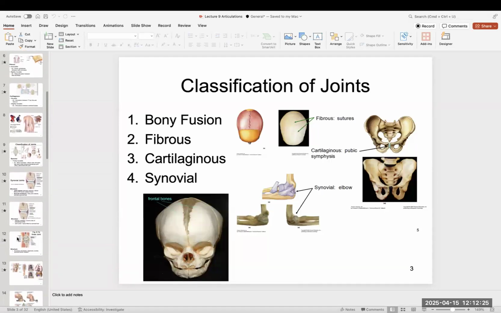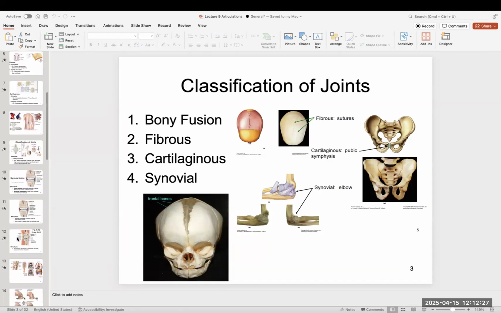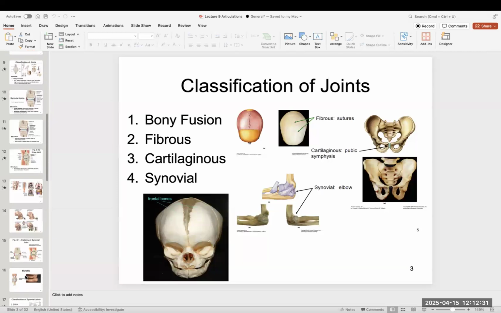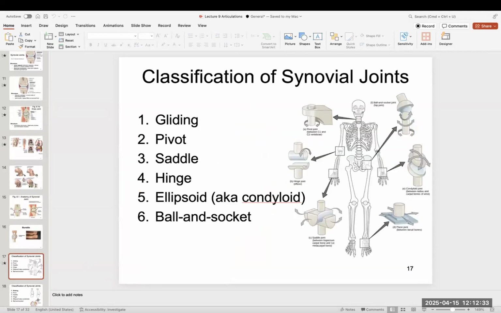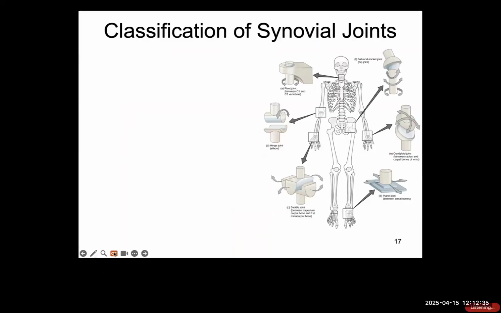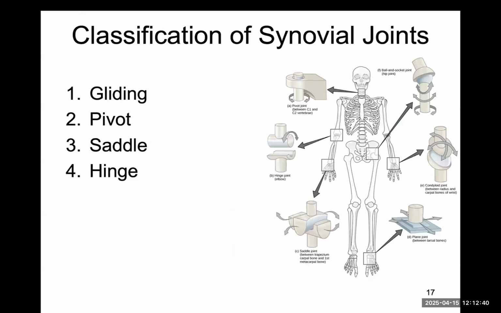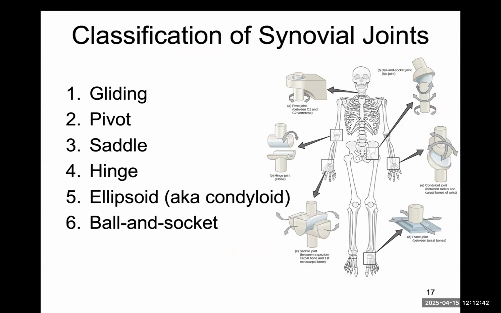And under synovial, you have some other categories, which is what we're going to go over now. Under synovial, we have gliding, pivot, saddle, hinge, ellipsoid, and ball and socket joints. Those are the 6 categories.